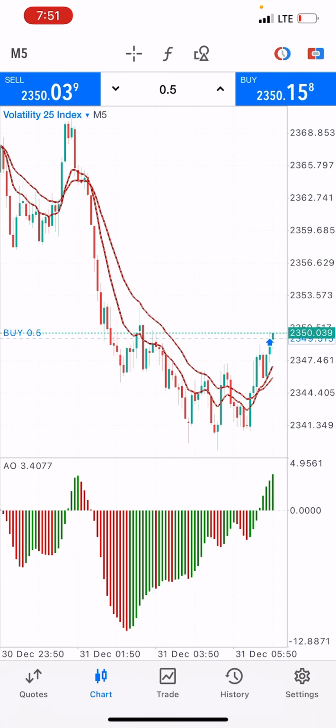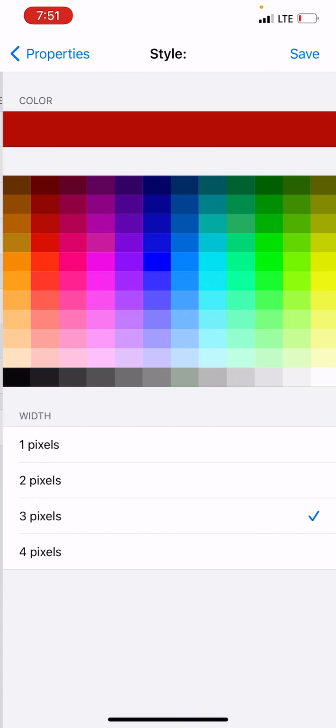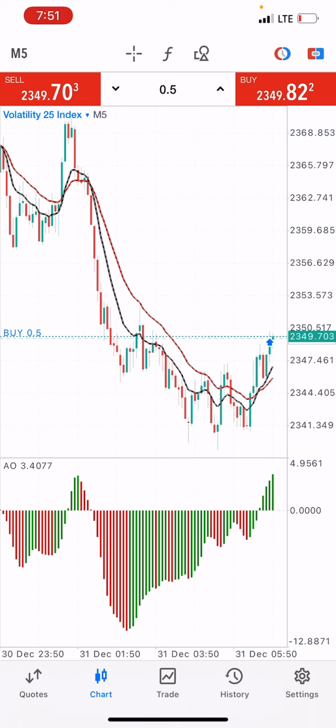Oh, sorry guys, let's change this color so it will be understandable. Let's use black for the second moving average. Okay, save and done. So we have black and red moving averages right now.